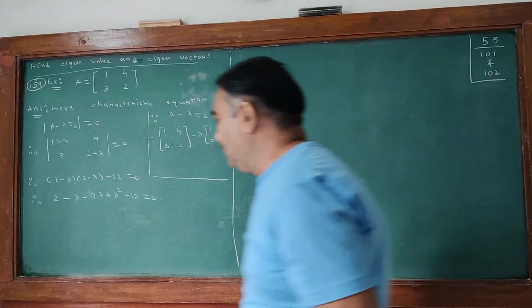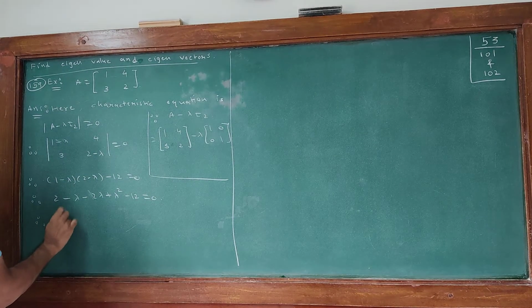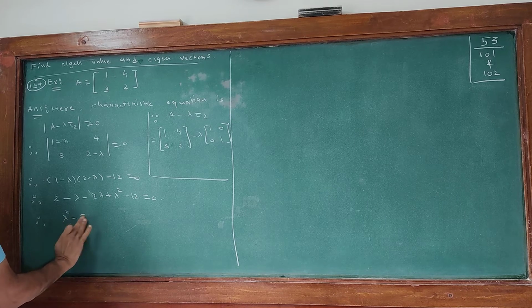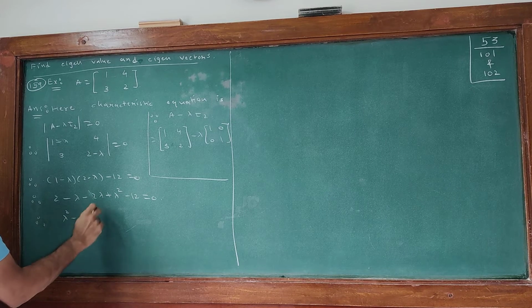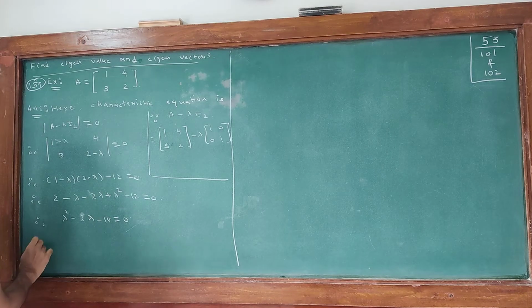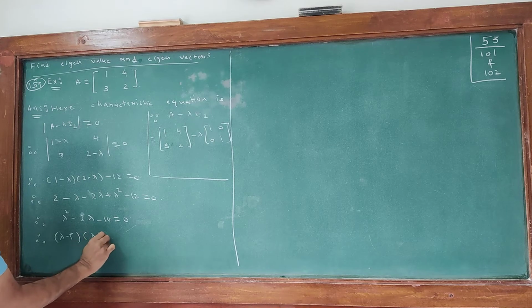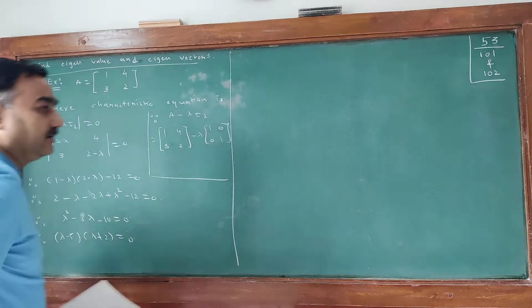So lambda square minus 3 lambda minus 10 equal to 0, and therefore (lambda minus 5)(lambda plus 2) equal to 0.